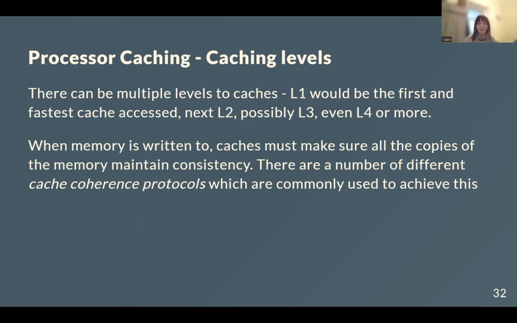There are a number of different cache coherence protocols that are used to achieve that consistency across multiple threads. Because you can imagine, if thread 1 is only writing to its own cache and not actually writing to memory, and thread 2 is also only writing to its cache, well, those are totally separate. And then when they both come to eventually store in the main memory, they're going to be incompatible. You're not going to get that atomic behavior that you were looking for.